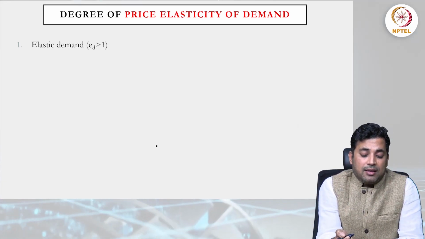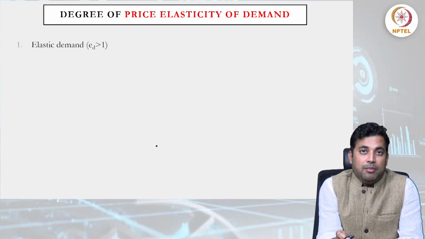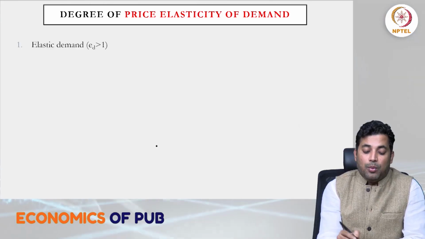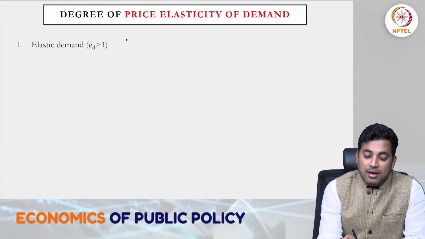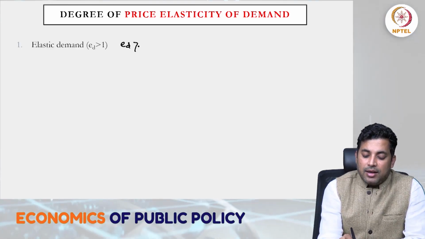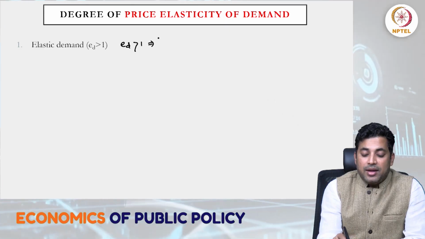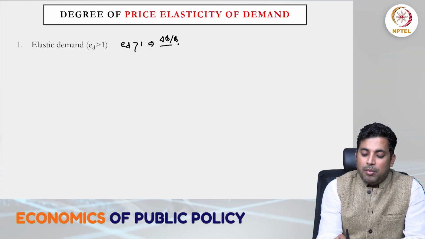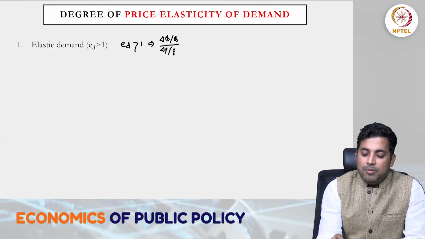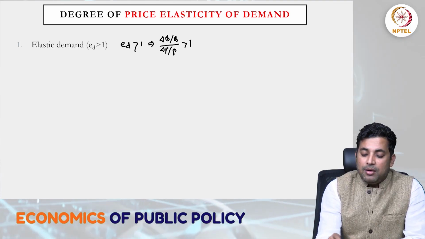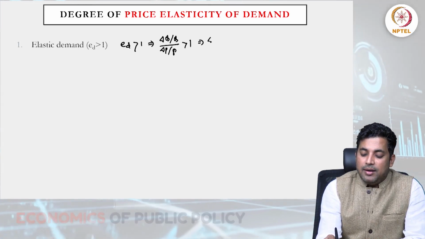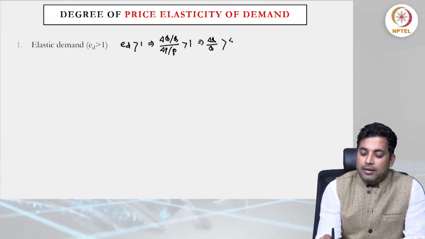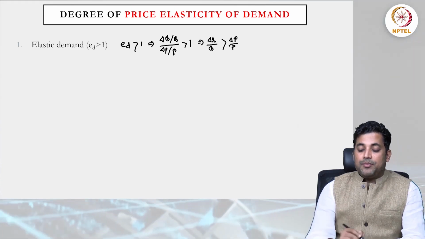Demand for a commodity is elastic when price elasticity of demand ED is greater than 1. What does that mean? ED greater than 1 we can write as delta Q by Q over delta P by P greater than 1, which means delta Q by Q is greater than delta P by P.